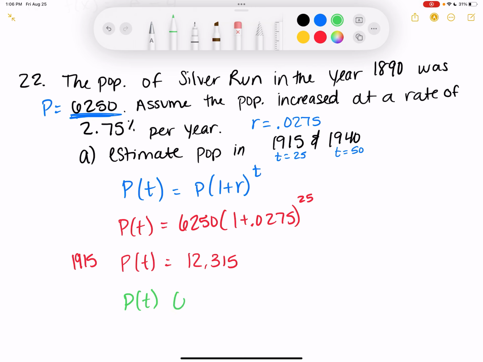Alright, so I'm gonna do the same thing but replace it with 50. Now, on your calculator, before you touch anything else, if you type this all in initially as one expression and not as individual pieces, hit second and then enter, and it brings it up, and all you need to do is arrow up and you can retype the exponent.